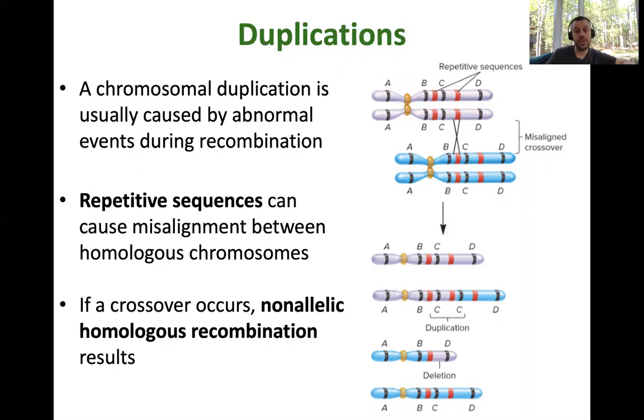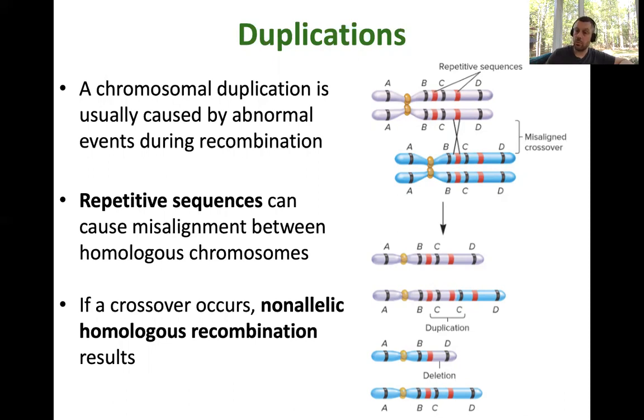And recombination is driven by the same sequence of two homologous chromosomes, like two versions of chromosome 1 that you got from mom and dad. They line up by virtue of the fact they have very similar sequences, and then there's a crossover between the two. Sometimes they don't line up correctly, as is shown in this example on the right.